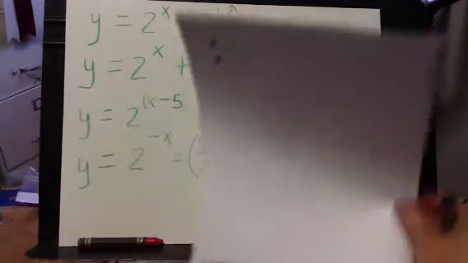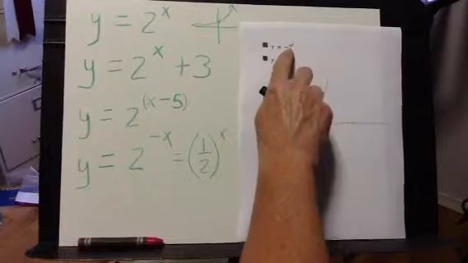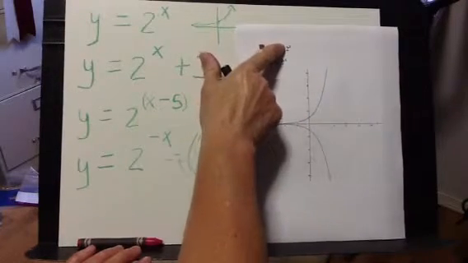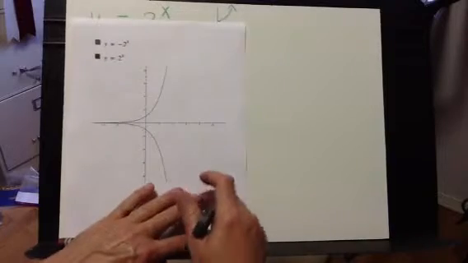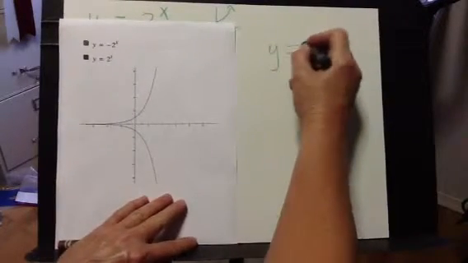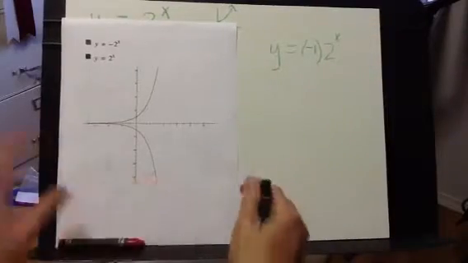Let's look at one more thing. Let's see what happens when there's a negative out front. Remember, that's not a negative base. 2 is raised to a power, and then the whole thing is multiplied by a negative 1. So that negative 1 is really like a negative leading coefficient. So this function is y equals negative 1 times 2 raised to the x power.